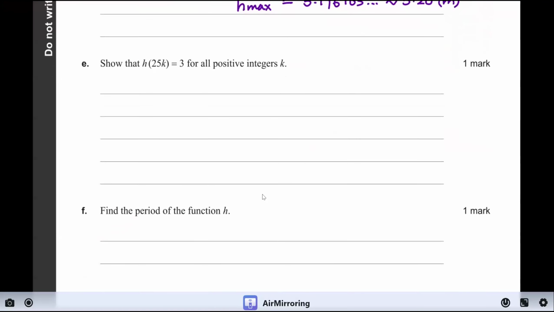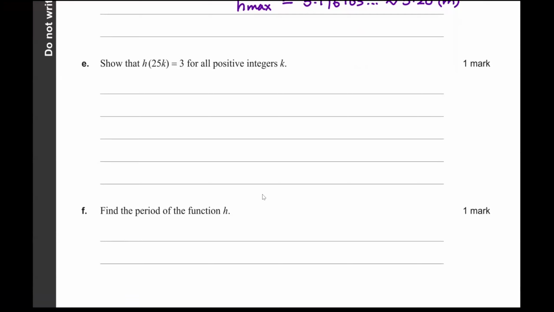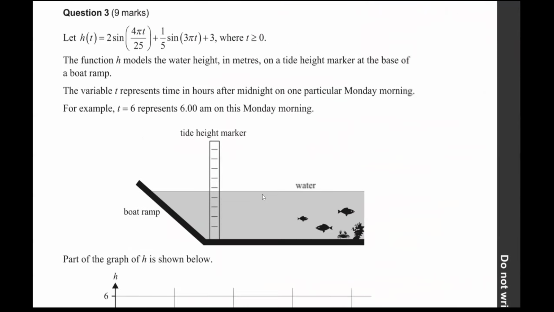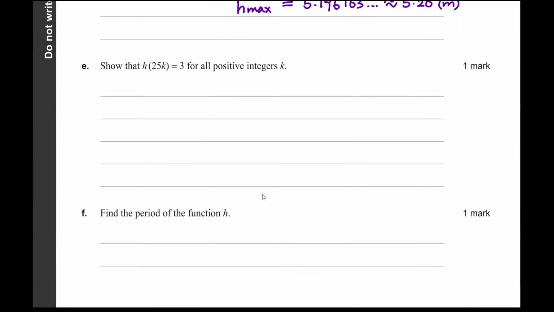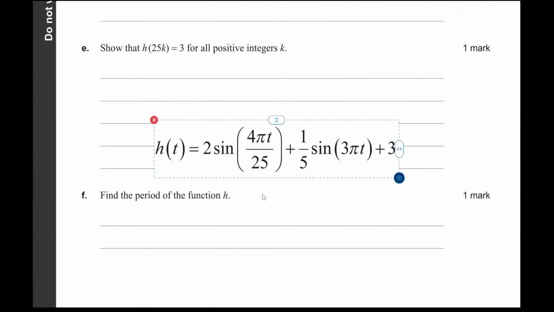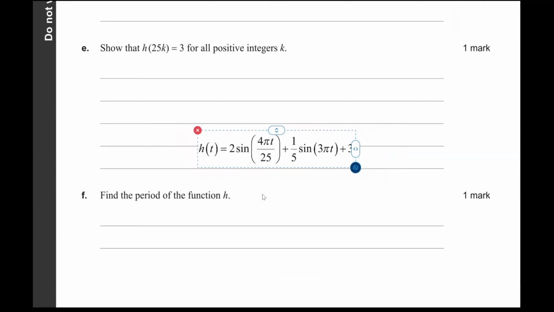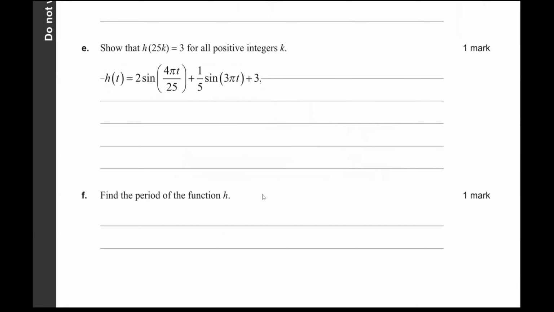Part E, show that H of 25K equals 3 for all positive integer K. Okay, probably take a snippet. This is a function. Take a snippet. You don't have to copy it again, but you need to substitute correctly.